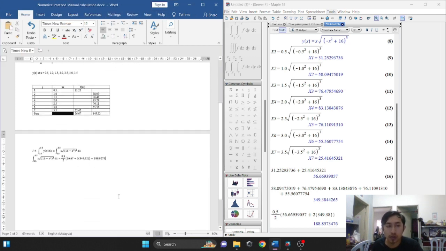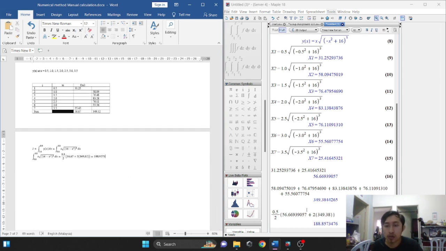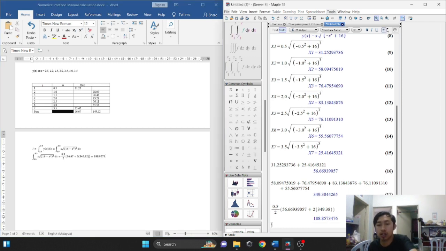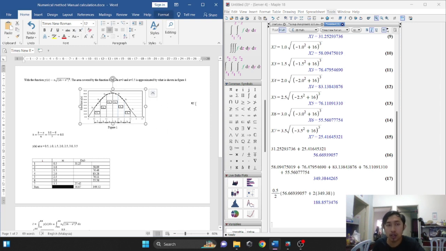Okay, then manual integration. So the answer is proven. Okay, so you find the graph, which is a graph set of this equation, which is the area.